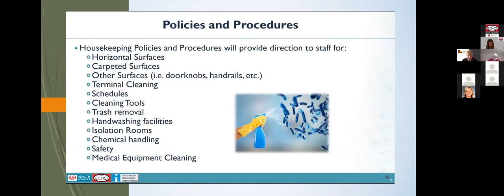Terminal cleaning, as we all know, is very important that we have a solid policy and procedure in place. Schedules, and that's talking about the schedules for day-to-day cleaning, for cleaning and disinfection, as well as for the weekly cleaning and routine cleaning that we need to have. Again, having solid schedules in place to make sure that we're cleaning and disinfecting the appropriate surfaces in accordance to the current guidance.